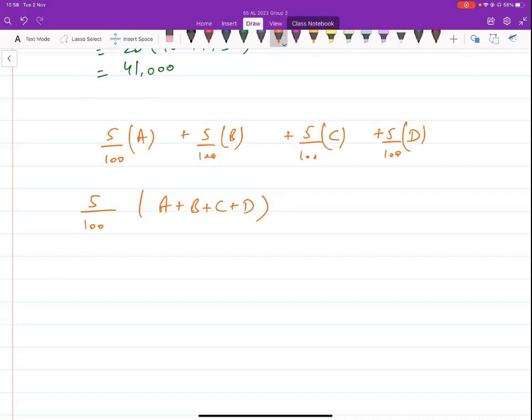So it doesn't really matter, because we're essentially just taking 5% common outside. Pehle add kare, uske baad 5% kare. So both are okay. Is that all right?